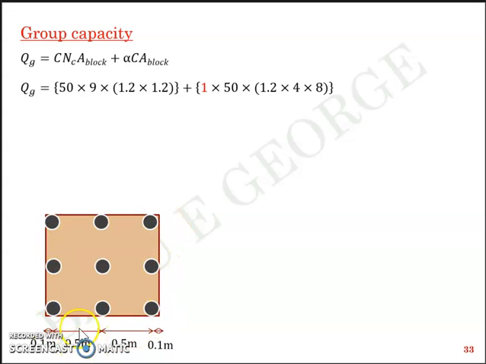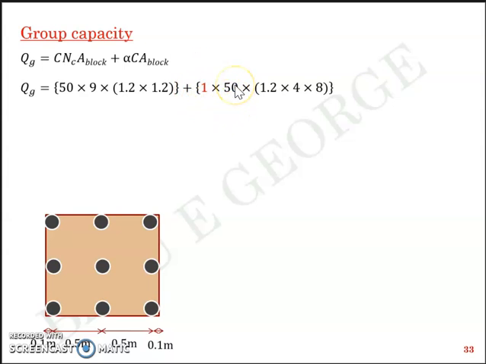So spacing is already given, 0.5, diameter is already given, 0.2, so you know the radius. So 0.1 plus 0.5 plus 0.5 plus 0.1 is the length of one side, so that's 1.2. So 1.2 multiplied by 1.2 is the area of the rigid block in plan. Alpha, since it's soil to soil interaction, I have taken it as 1.